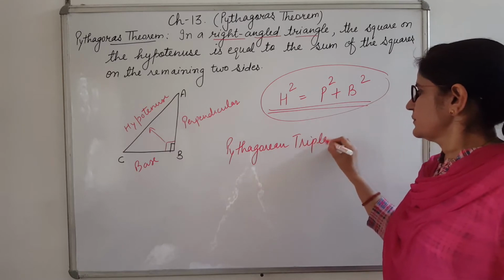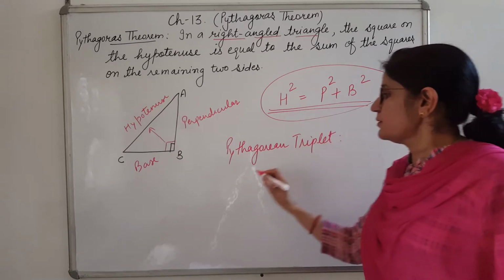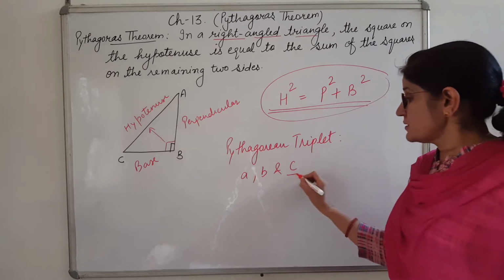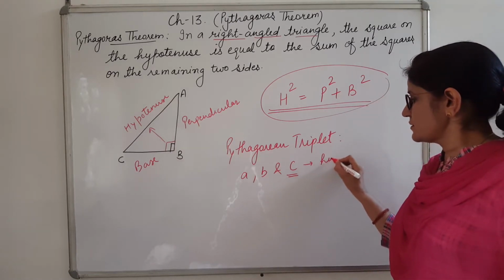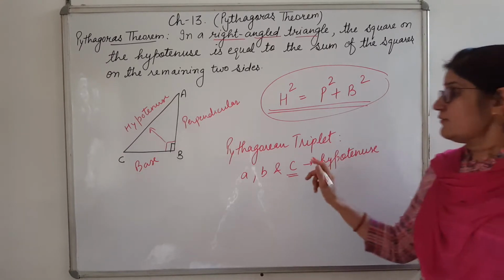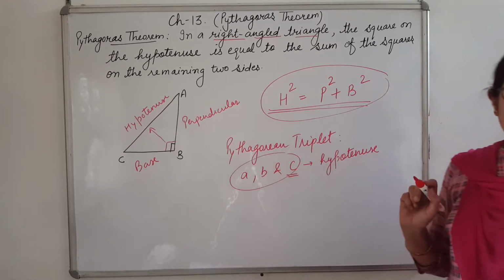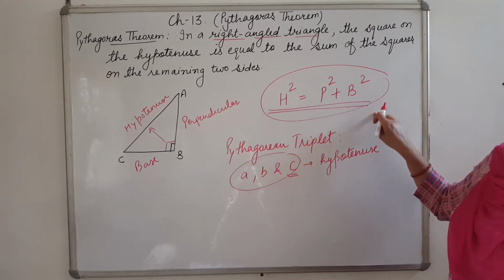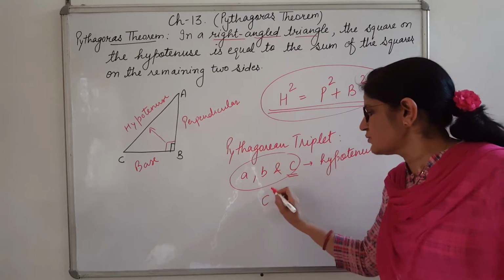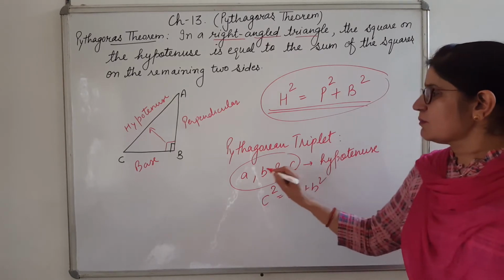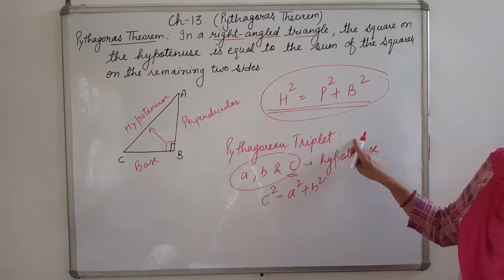A triplet means three numbers A, B and C, where C is the hypotenuse or the greater side of the triangle. If these three lengths satisfy the given result of Pythagoras theorem, that is, if C square equals A square plus B square, then these three numbers make a Pythagorean triplet.